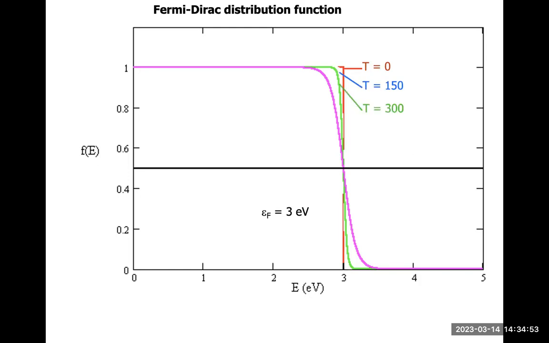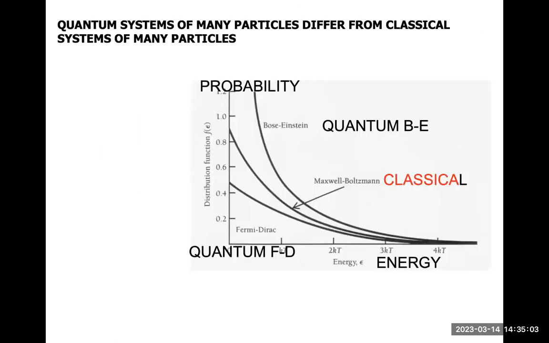So these kinds of characteristic plots would lead to the recognition that some systems are in a quantum mode, and that's a comparison between the probability of being in a given energy state for the 3 types of behaviors. The quantum Fermi-Dirac is at the bottom, the quantum Bose-Einstein is at the top, and the classical is in the middle.